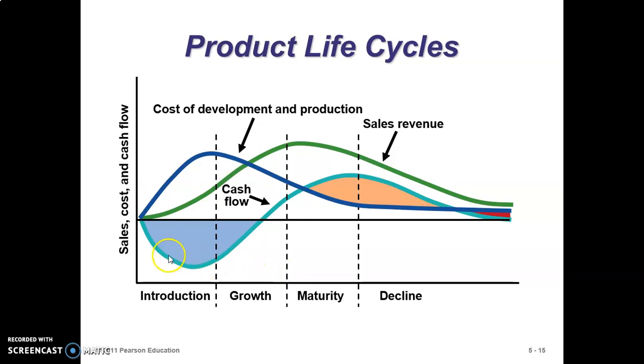Okay, again, we continue with the previous product life cycle. In this graph, as you can see here, the baby blue graph line indicates cash flow. So at this stage, your cash flow is lower compared to your cost and revenue.